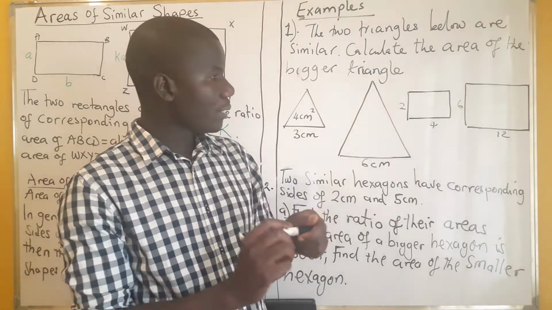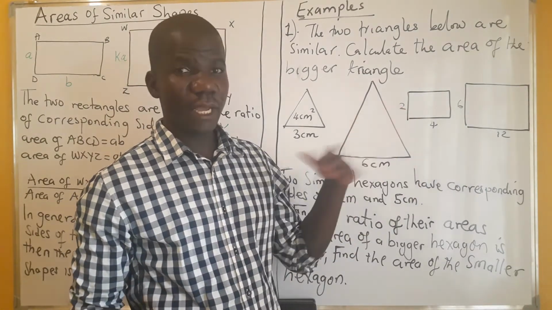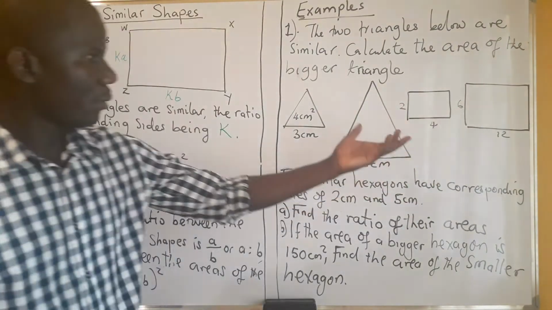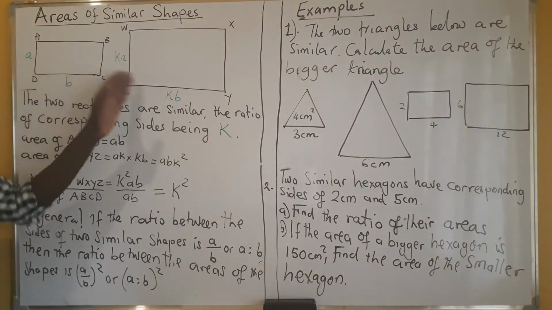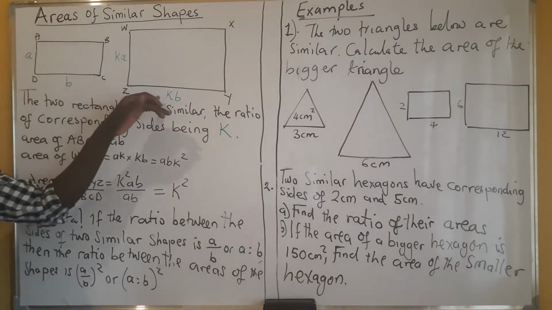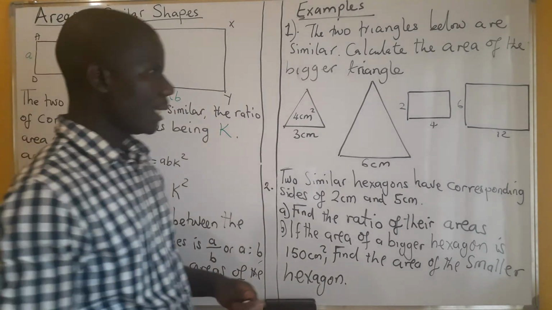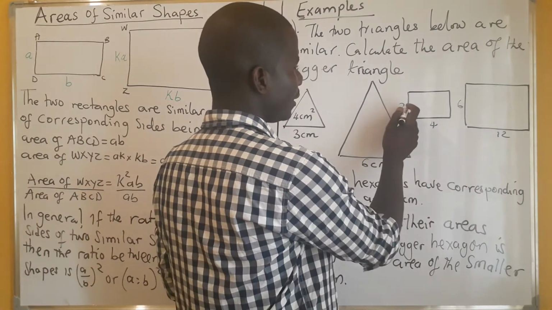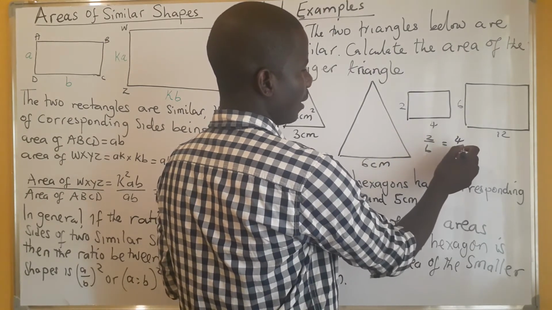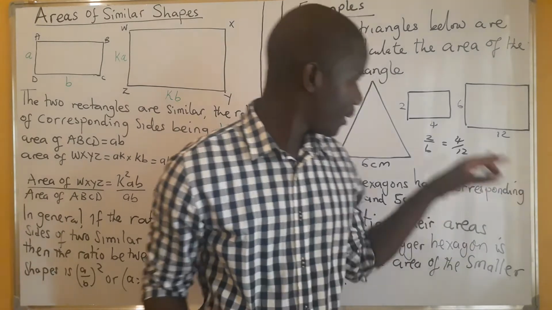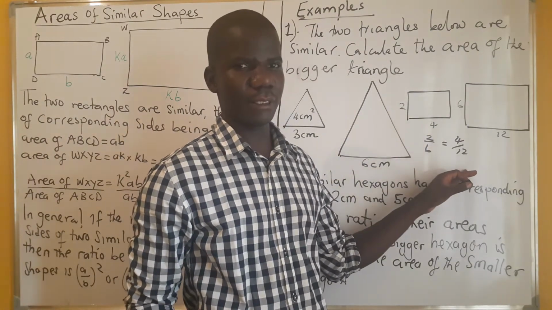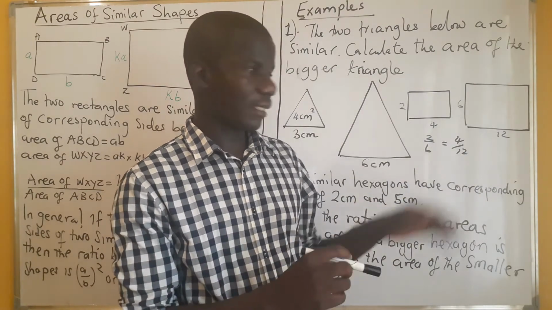I'm trying to show you the concept that was being used here, from A to KA, from B to KB. Here, this is 2 over 6, this is 4 over 12. When you simplify these, they give us 1 over 3. Even this side we have 1 over 3. Okay? We have 1 over 3, 1 over 3.